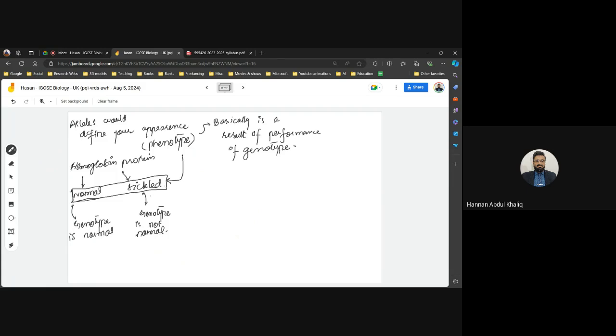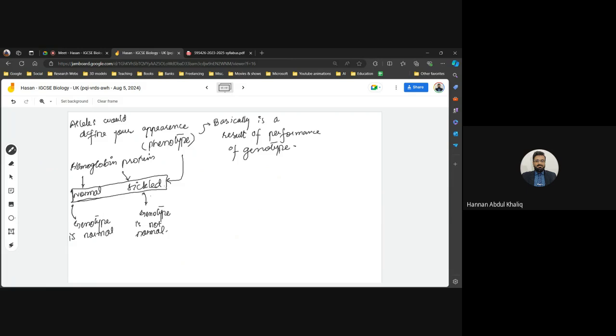He used to prepare a lot. He used to lock himself in his study for 6 hours, for 8 hours, for 12 hours, etc. So people normally assume that that person must be studying very hard. So the phenotype is a performance proof of the genotype. That is basically the point here.